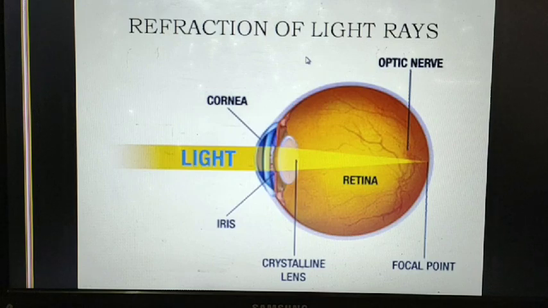Refraction means the light rays bend or turn aside. When the light rays pass through a medium of one density to another, the light rays are refracted or bent.